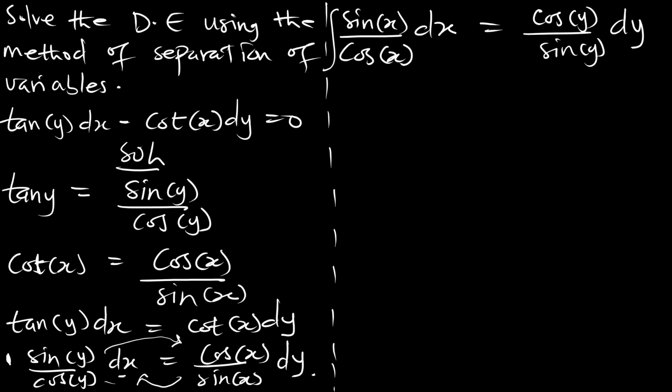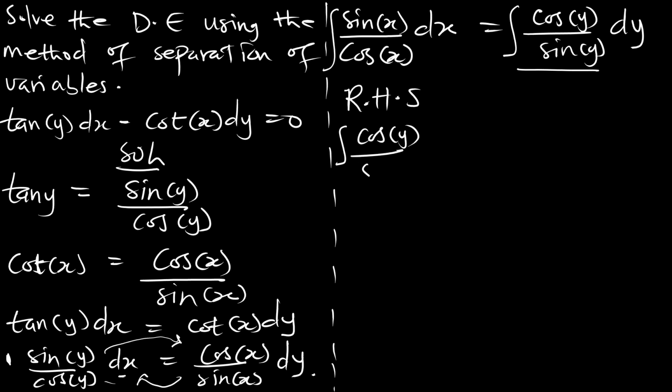So now that we have the separation, we can apply our integration. What do we do? Let's take the right hand side and solve. Integral of cos y on sine y dy.